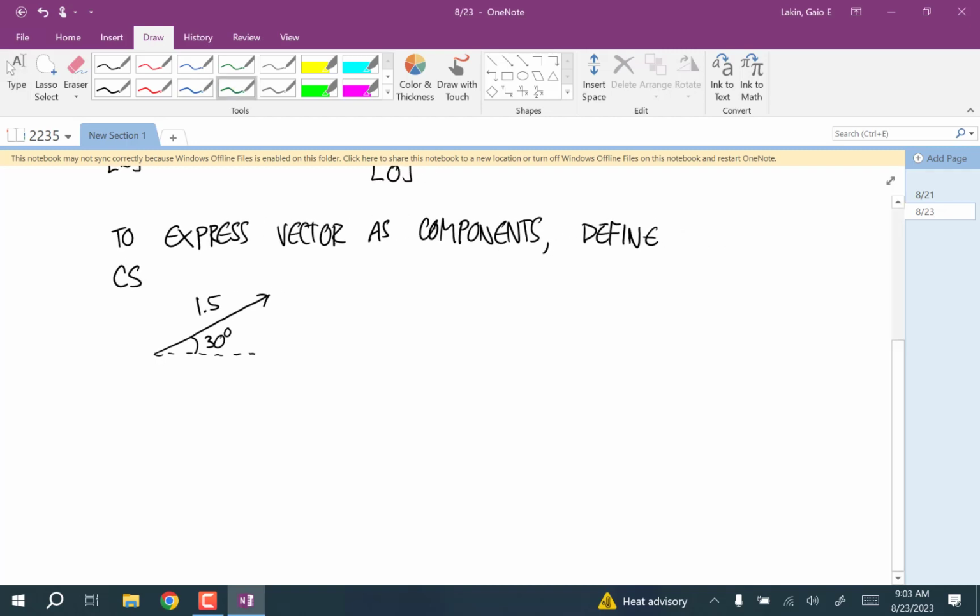So if your coordinate system is this, where this x-axis makes an angle of 30 degrees with the horizontal, then that whole vector just lies along the x-axis, and the components would be 1.5, 0.